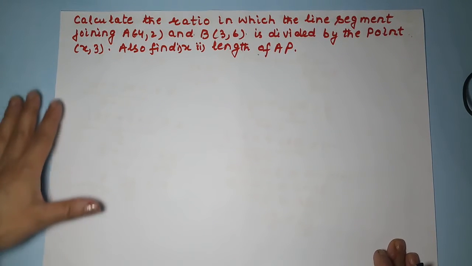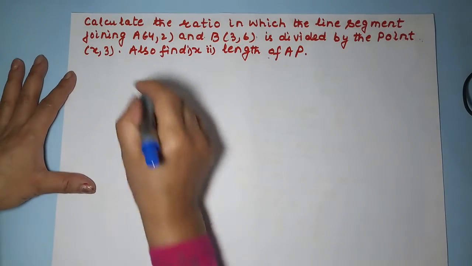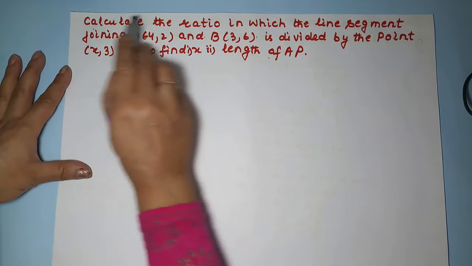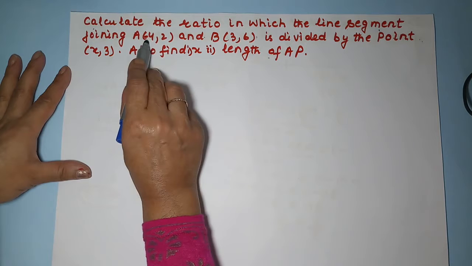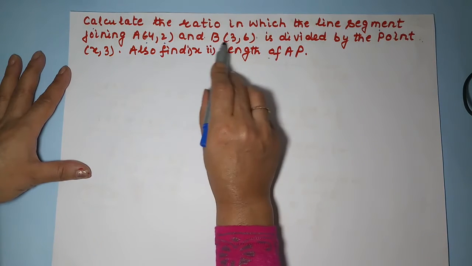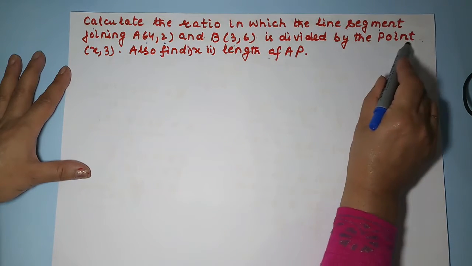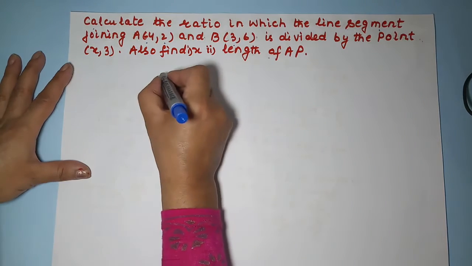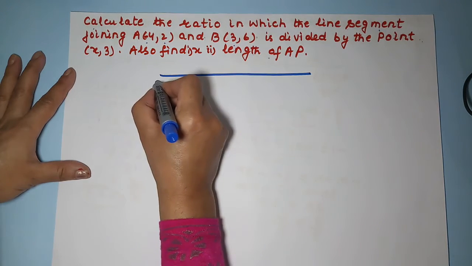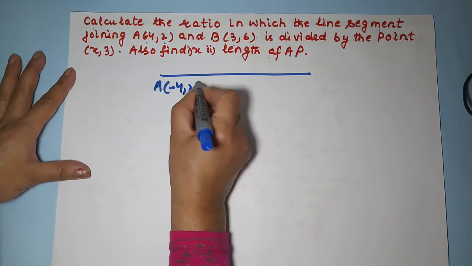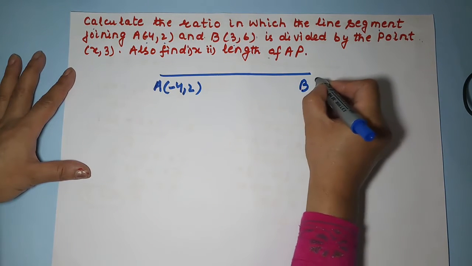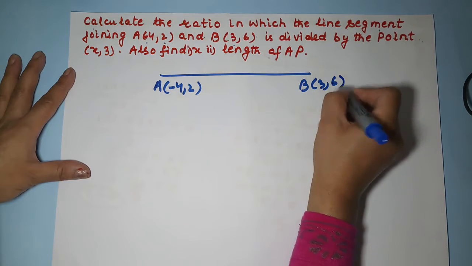Next one. In this question, he's saying to calculate the ratio in which the line segment joining A (-4, 2) and B (3, 6) is divided by the point x, 3. Let's have the line segment A, whose coordinates are -4 and 2, and B, whose coordinates are 3 and 6.